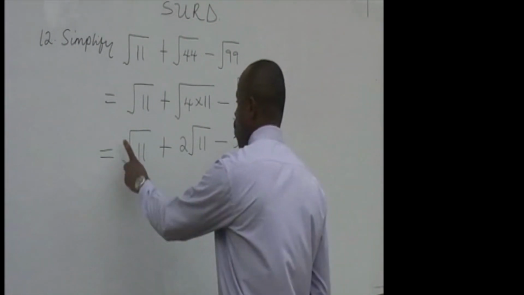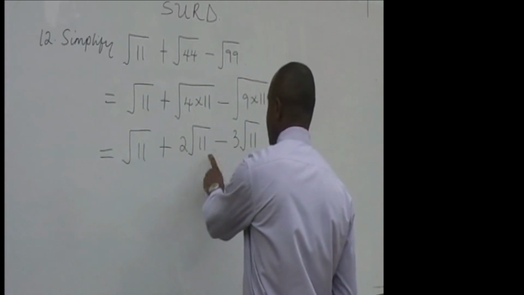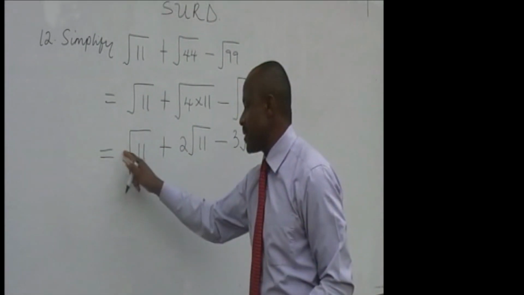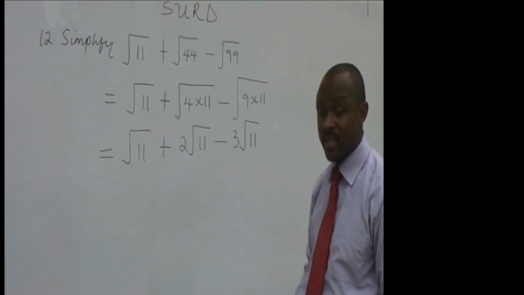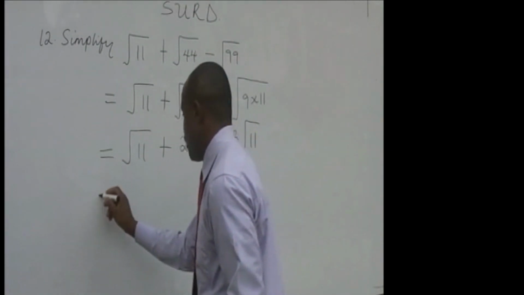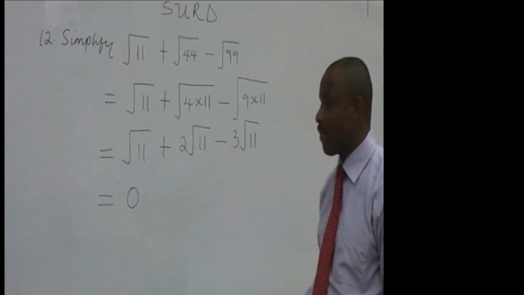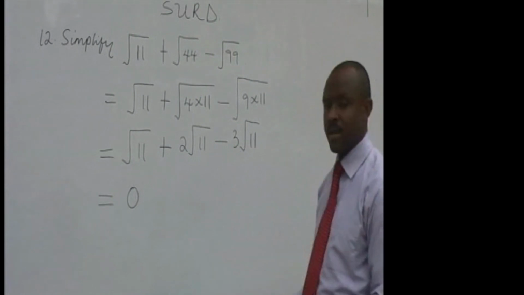This is like 1 root 11 plus 2 root 11 minus 3 root 11, just like x plus 2x minus 3x. What is it going to give you? It's going to give you 0. 1 plus 2 is 3, minus 3 is 0.